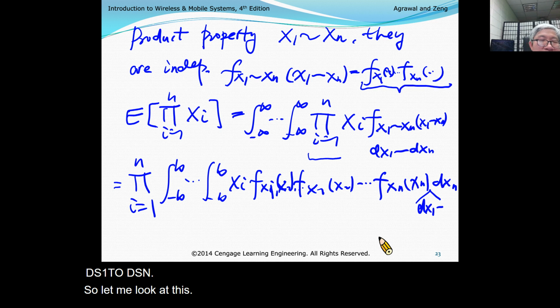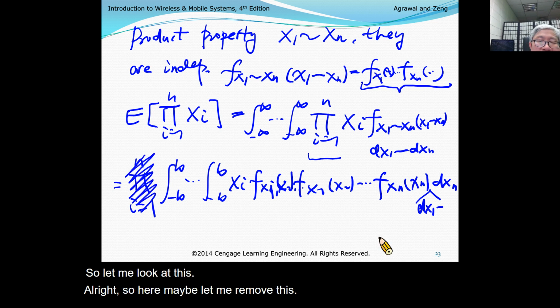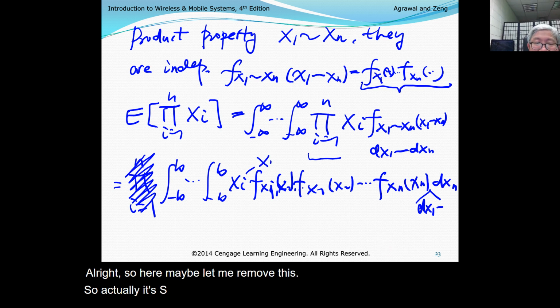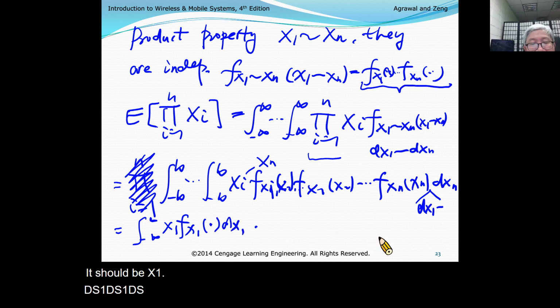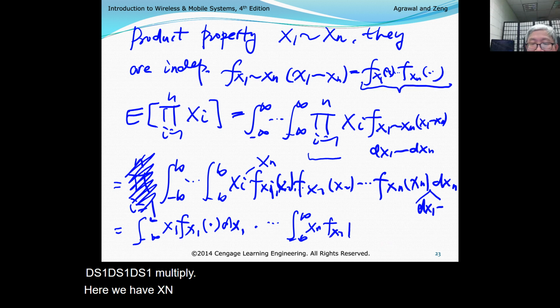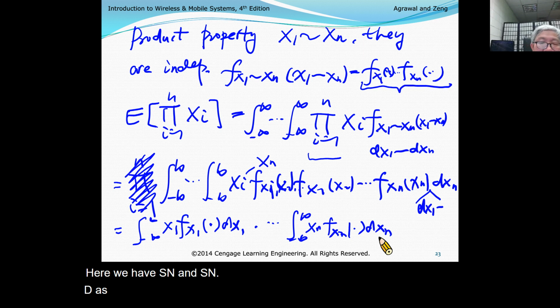All right, so here maybe let me remove this. So actually it's x1 to xn. If x1 to xn, we have this. It should be x1 ds1 multiplied by xn and xn dsn. And so this is the expectation.